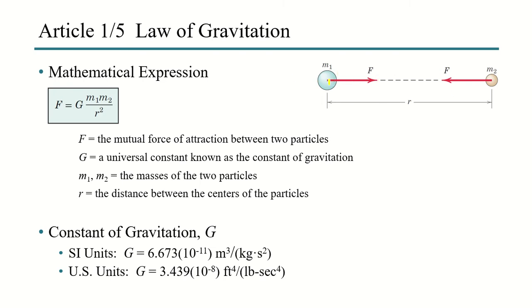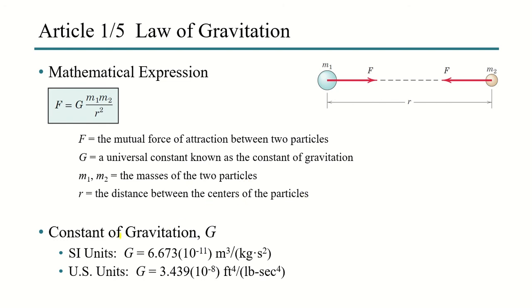For M1 the center is here, for M2 the center is here. So that is the R used in this formula, where F is the mutual force of attraction between two particles, and G is the universal constant known as the constant of gravitation. M1 and M2 are the masses of the two particles. R is the distance between the centers of the particles.